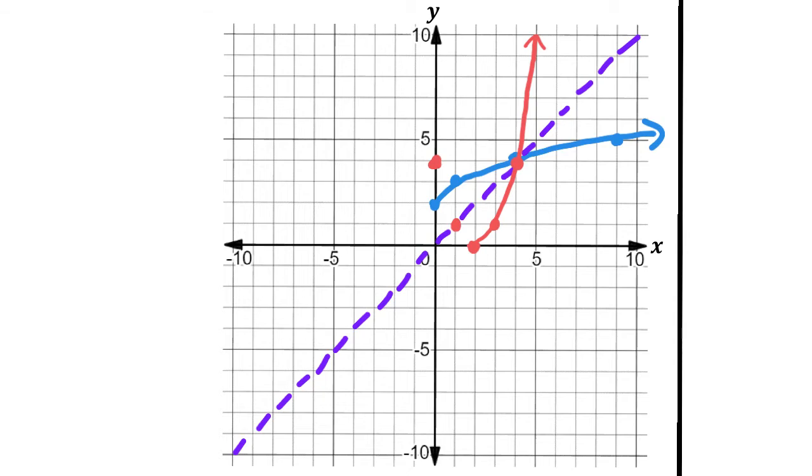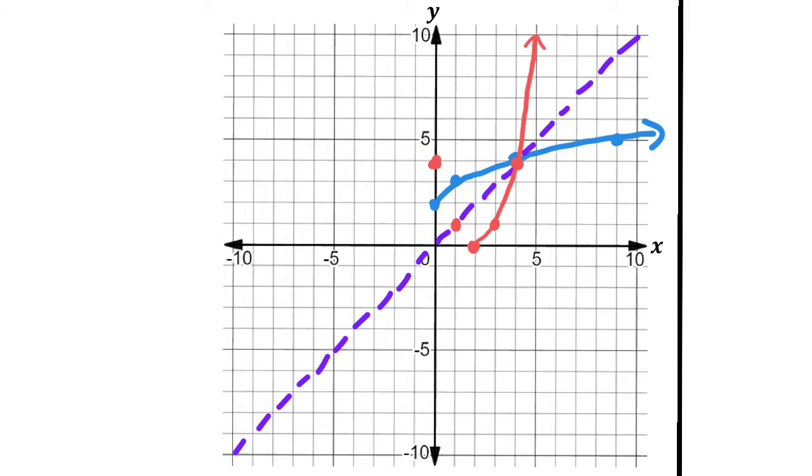Let me see if I can color it white and then I'll undo it. Let's say if I delete this half of the red, would that be a good reflection? Is this red a good reflection of the blue? No, right?